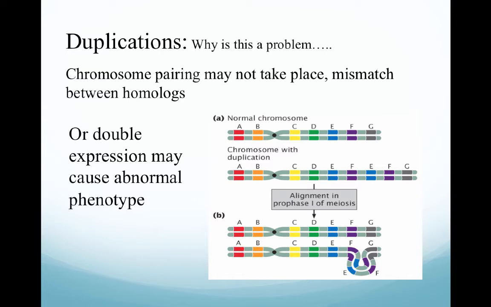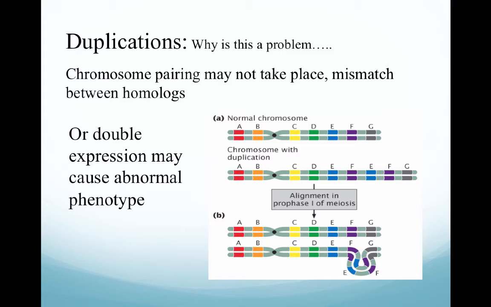So duplication ends up being a problem for a couple of reasons. First of all, like we talked about originally, homozygous chromosomes that have duplication as a part of their structure are going to carry that duplication on both chromosomes.